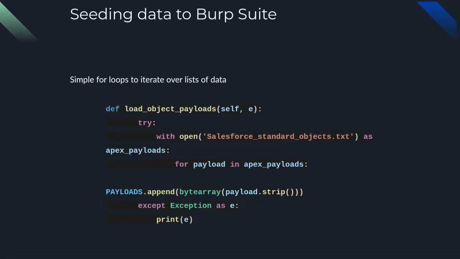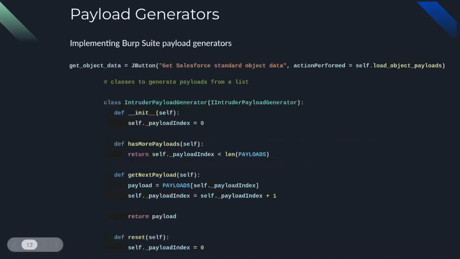One interesting thing to note is that the payloads array is appending a byte array, that single payload, and stripping the newline character. I just thought it was interesting that payloads are converted to byte arrays in Burp.